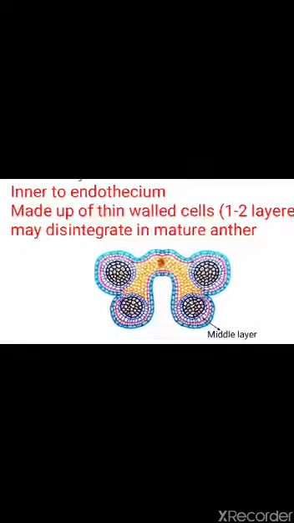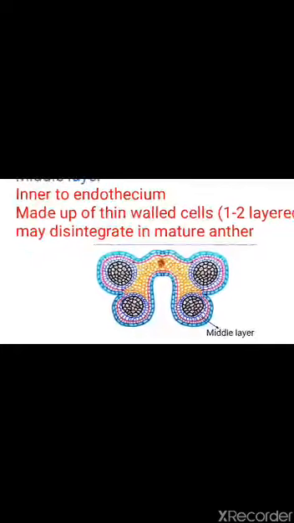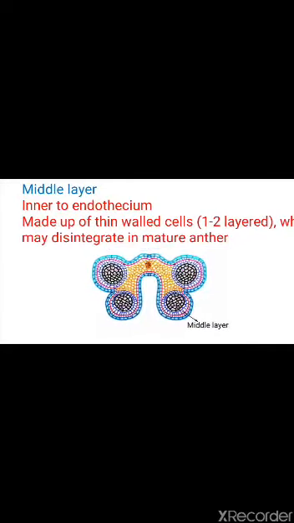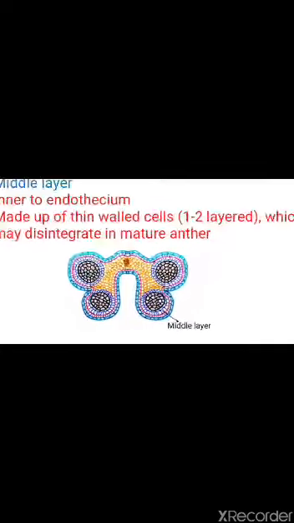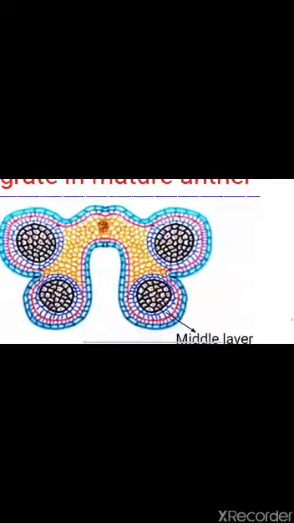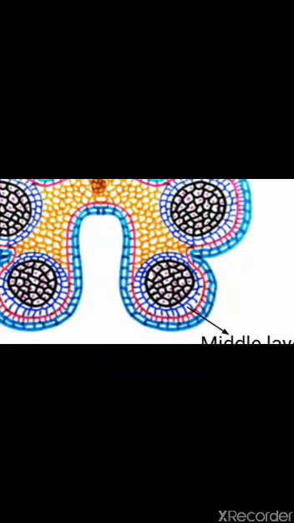Middle layer is made up of thin walled cells, and they are 1 to 2 layered, which may disintegrate in the matured anther. So the middle layer is 1 or 2 layers thick. This is 1 layer and the other layer is shown in blue.